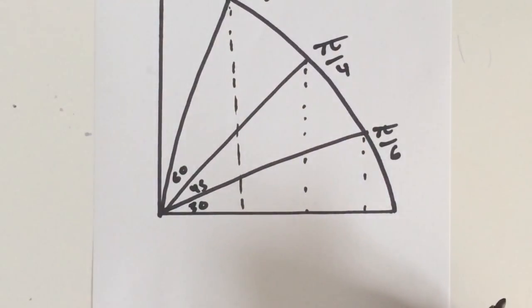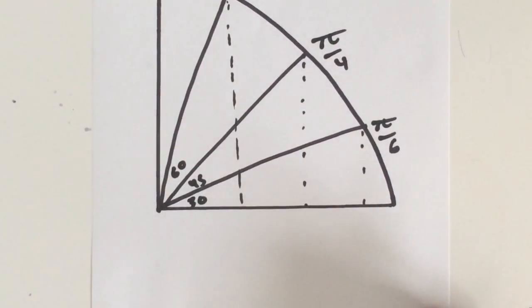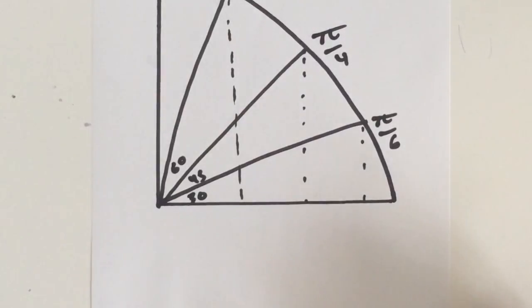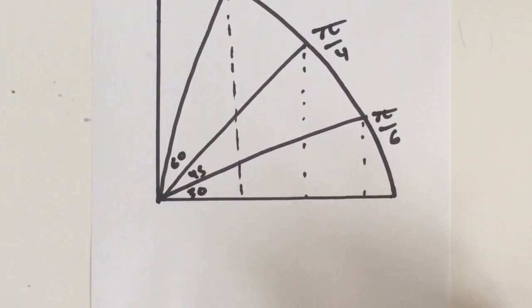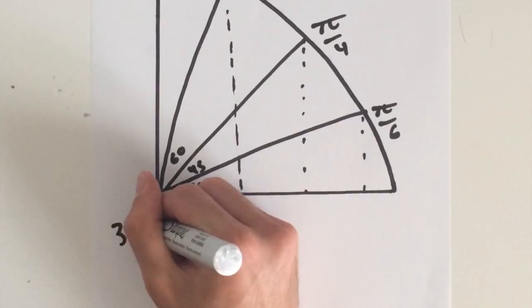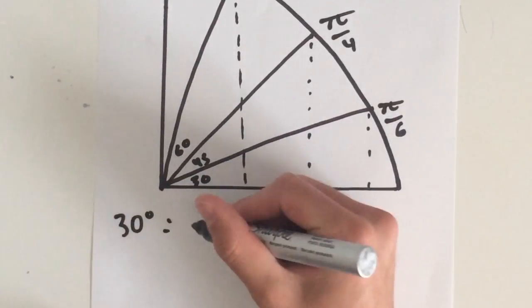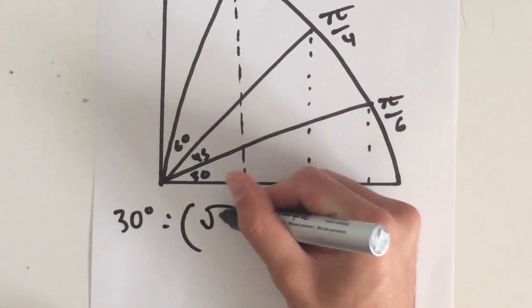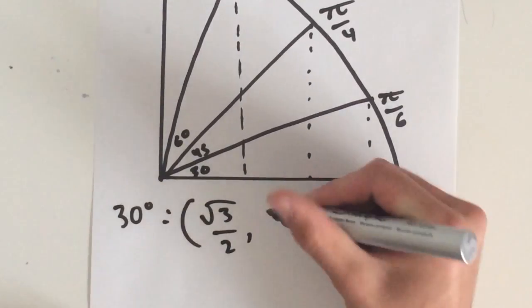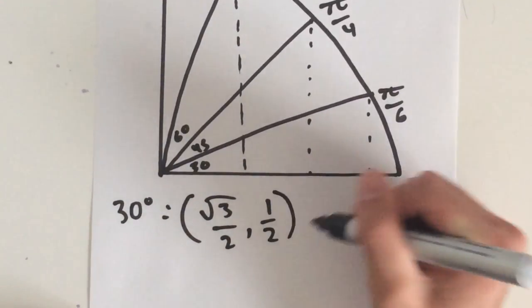The unit circle tells us the sine and the cosine of each triangle through the use of coordinates. At 30 degrees, the cosine and sine of the right triangle would be root 3 over 2, comma, 1/2.